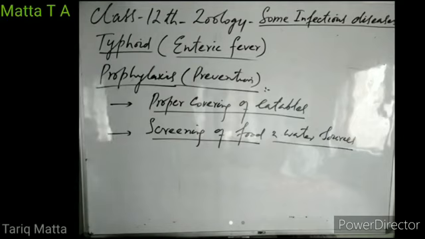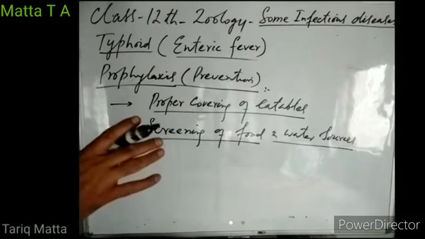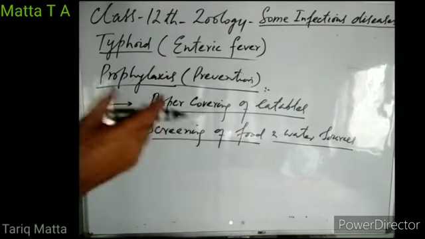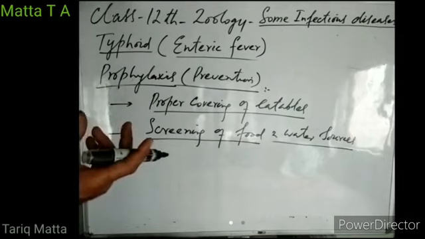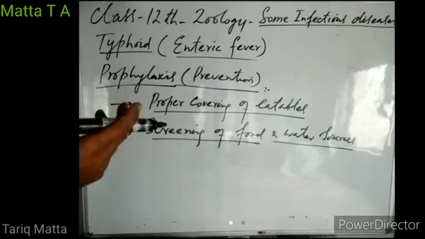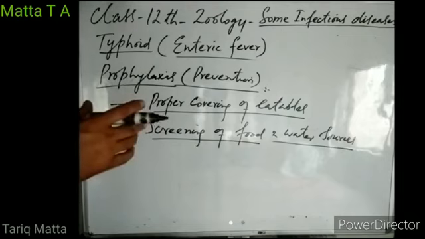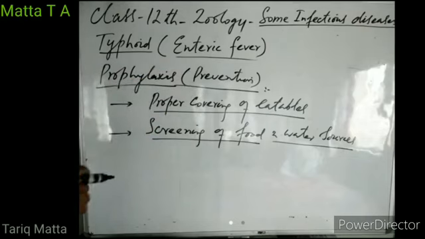Is this water safe for drinking? So we should screen our food sources and water sources. We should get it clear whether our drinking water is safe for drinking or not. We should check that human stools are not introduced into our drinking water.